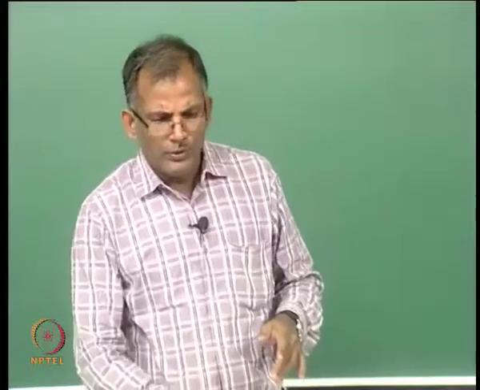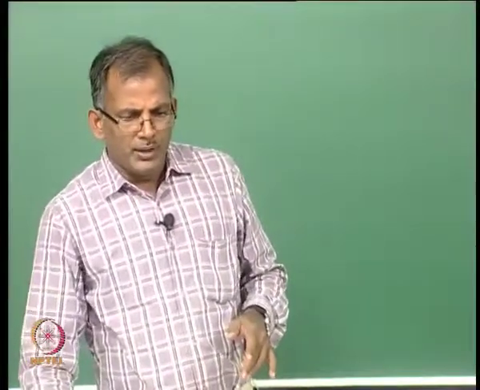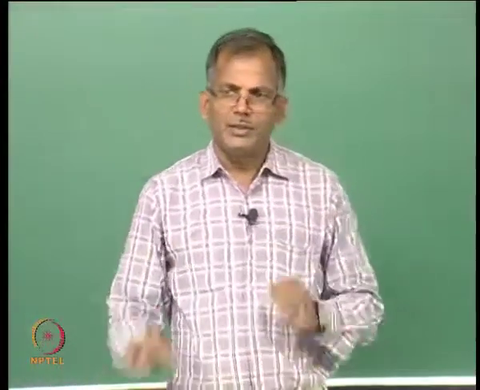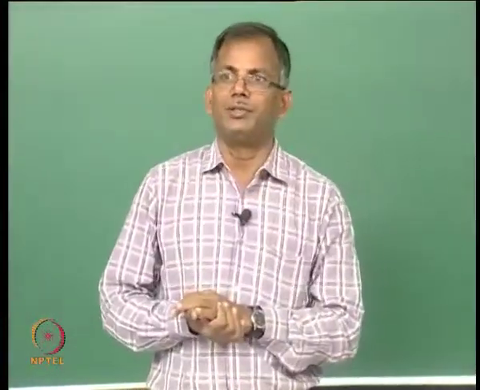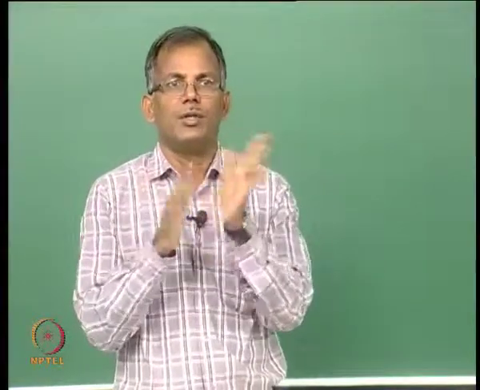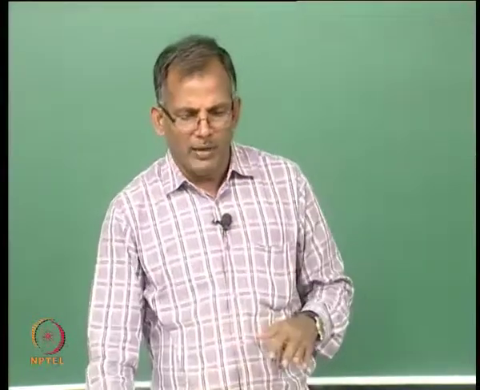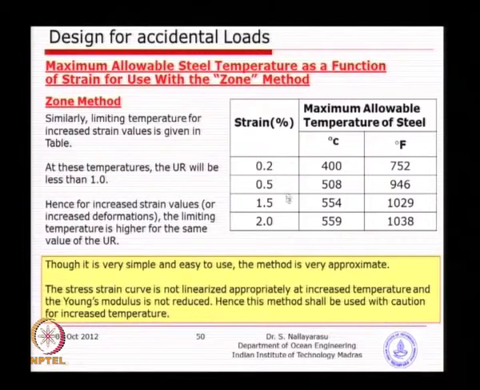Now, if you go to the same zone method at higher strain values, what we discussed just now is only 0.2%, which is okay as long as your deformations are smaller. But what happens when you want to allow larger strain values, because you want to have more deformation? In such cases the allowable temperature changes.